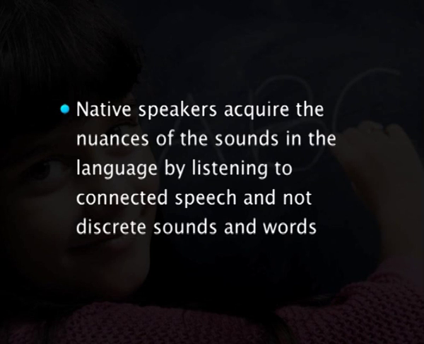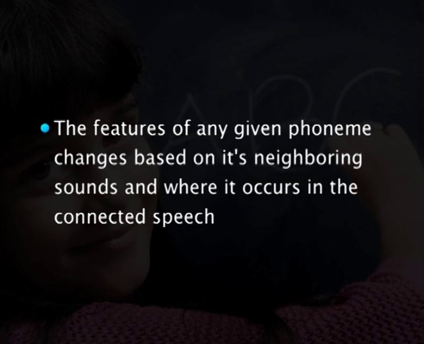Native speakers acquire the nuances of sounds in the language by listening to connected speech and not discrete sounds and words. The features of any given phoneme change based on its neighboring sounds and where it occurs in the connected speech. In this context, it is worth quoting Pinker.